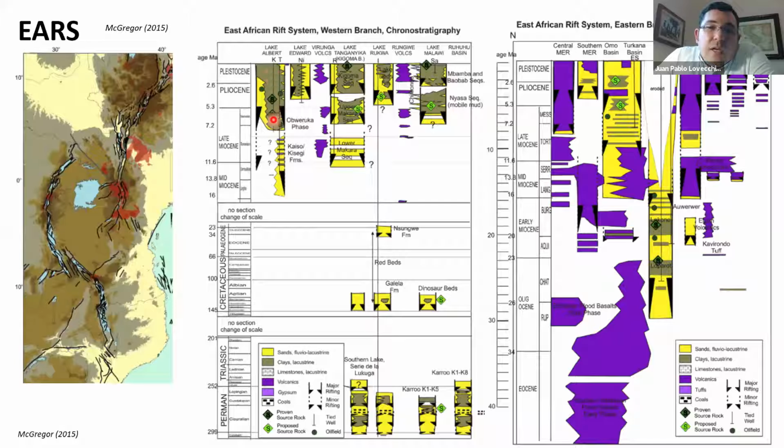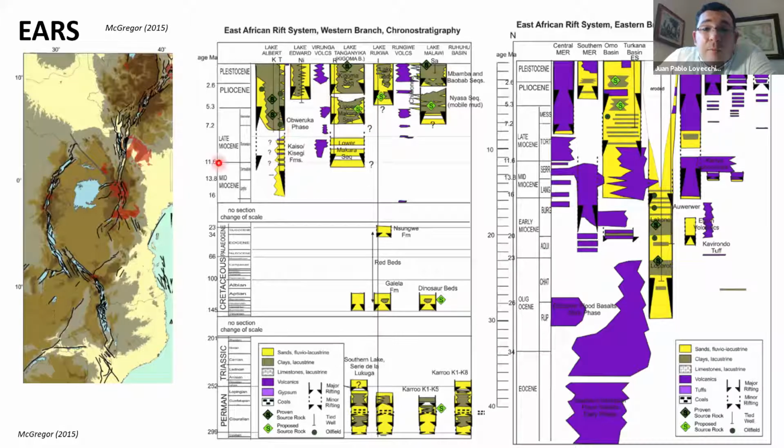This is shown here in the Miocene and Pleistocene section, where these brown rocks are the lacustrine shales that are actually source rocks, so they are deposited under anoxic conditions and they preserve the organic matter and they have kerogen that can produce oil. And there are also some sandstones and reservoirs associated to those on the flanks of those basins.